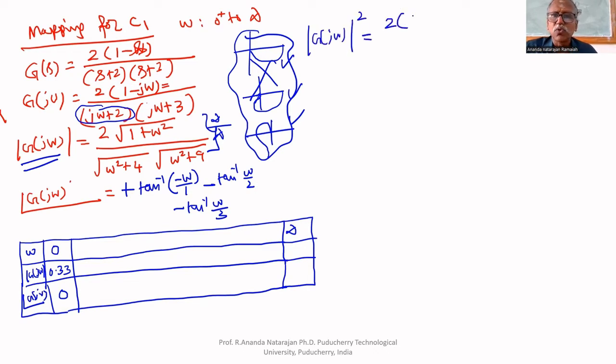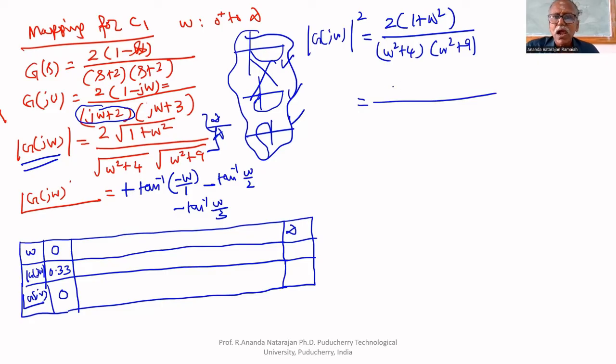That is equal to 4 multiplied by (1 plus omega square) divided by (omega square plus 4) and (omega square plus 9). So if you differentiate the numerator and denominator, what will you get? Now, infinity by infinity form, undefined.